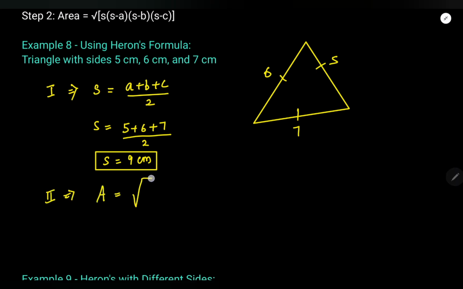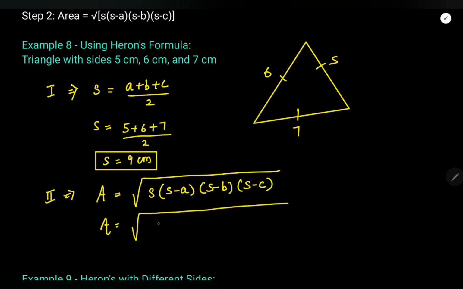Formula for area is under root of what? S minus A, S minus B, S minus C. So area is equal to what? S is what? 9. Okay. 9 minus 5, because A is 5. 9 minus 5 is 4, right? 9 minus 6 is 3. 9 minus 7 is 2, right?